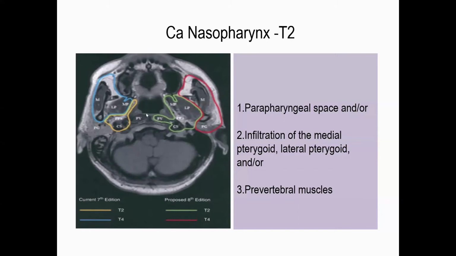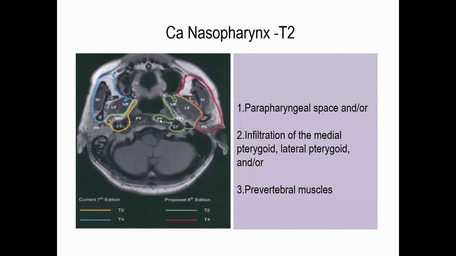The prevertebral muscle was not included in the stage, and the pterygoid muscles were considered as T4. When they analyzed the data, it was found that tumors involving the medial pterygoid and lateral pterygoid have a good prognosis, and they should be subclassified as T2 because the survival curves were similar to T2 disease. So they restaged the pterygoid muscle involvement as T2 disease.